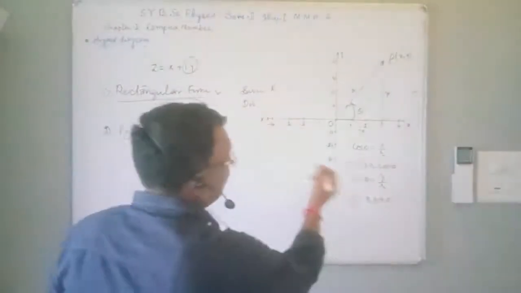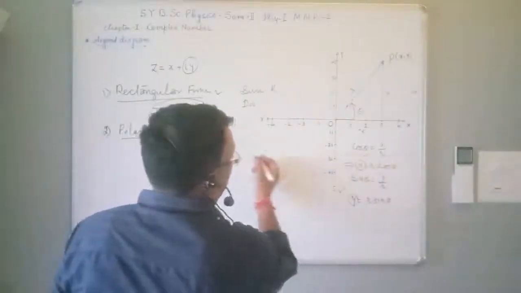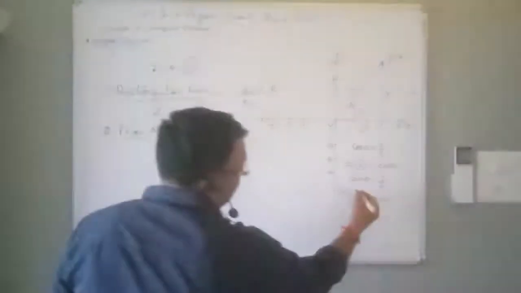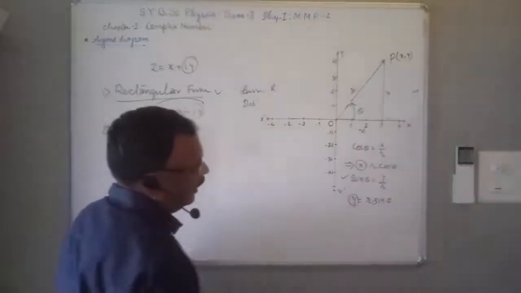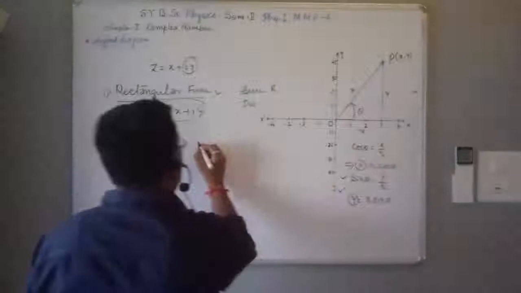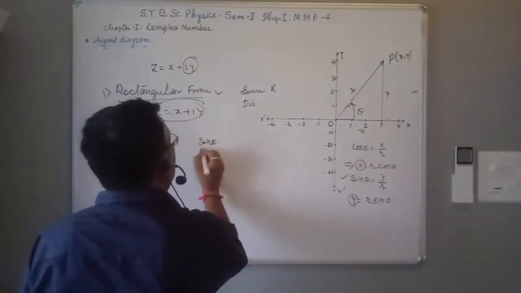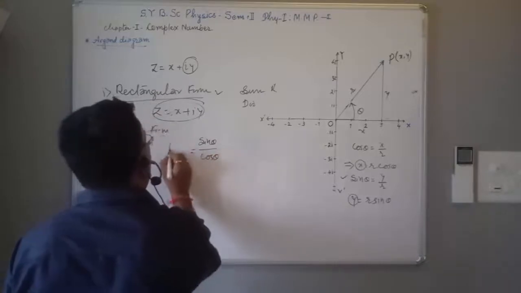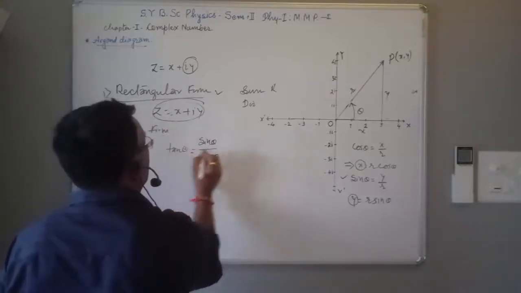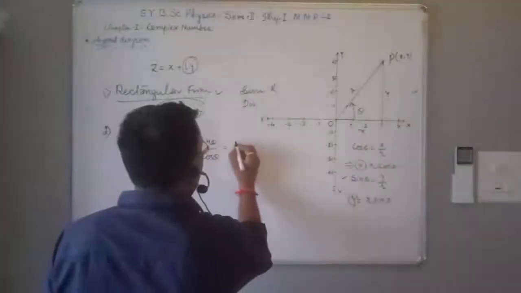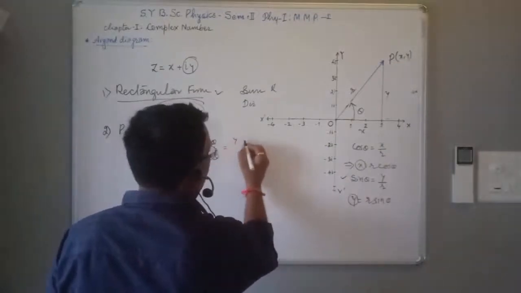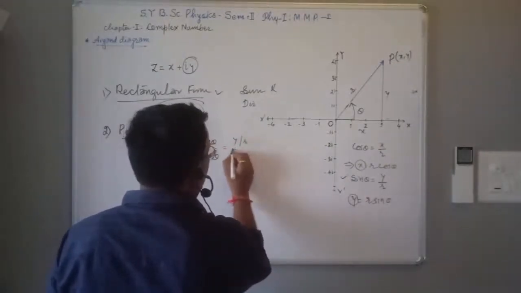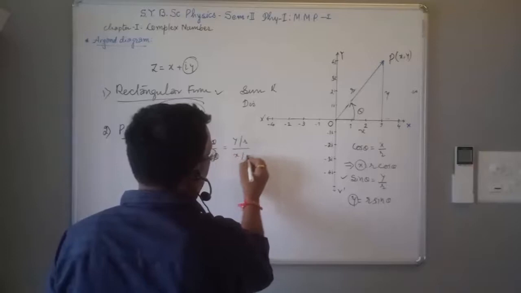Here, we know that the value of sin theta is equal to y upon r and cos theta is equal to x upon r. Therefore, sin theta upon cos theta is equal to what? Tan theta. Substitute the values of sin theta and cos theta, y upon r and x upon r.